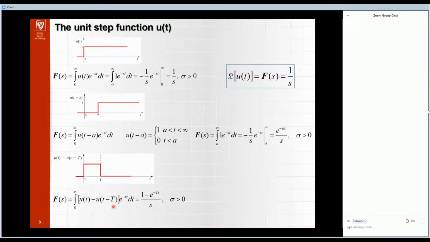So I put here this function, and as a result, I obtain this minus this. But instead of this I have here the t. So it is the difference, and here I have the minus because of this sign here.